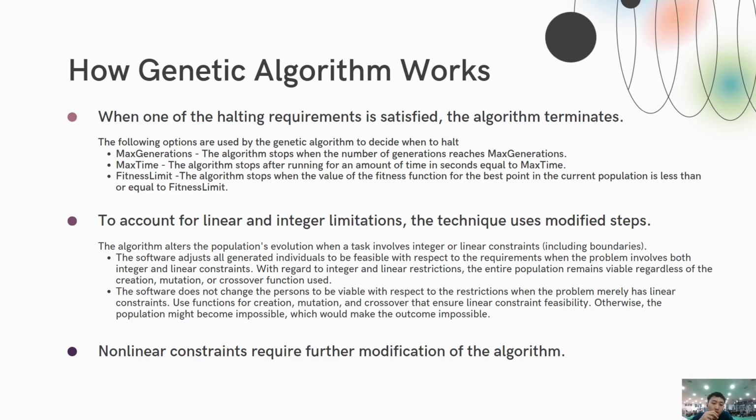The software does not change individuals to be viable with respect to restriction when the problem merely has a linear constraint. Use a function for creation, mutation, and crossover that ensures linear constraint feasibility. Otherwise, the population might become infeasible, which would make the outcome impossible. And the last one is that nonlinear constraint requires further modification of the algorithm.